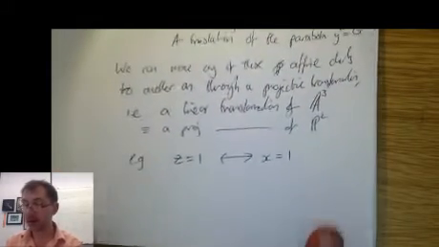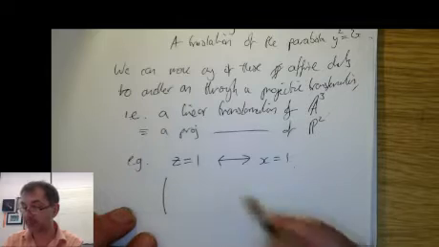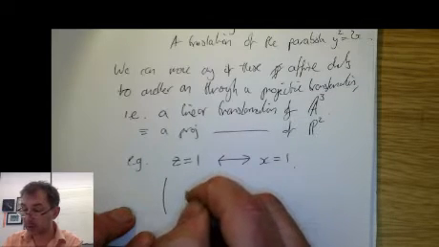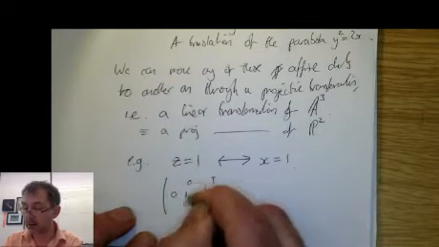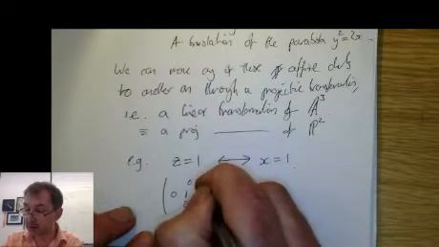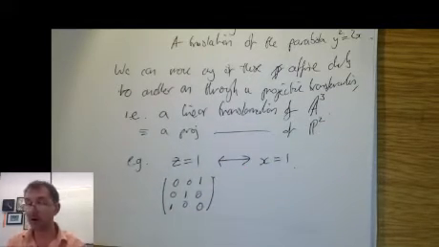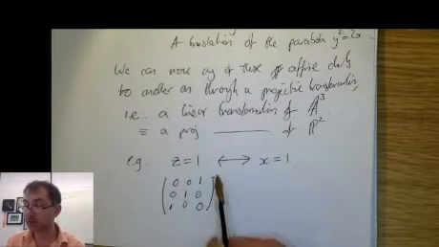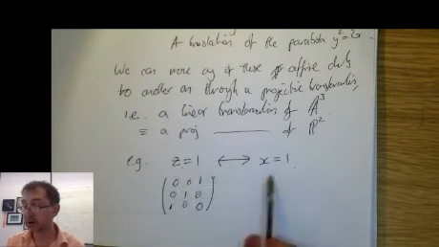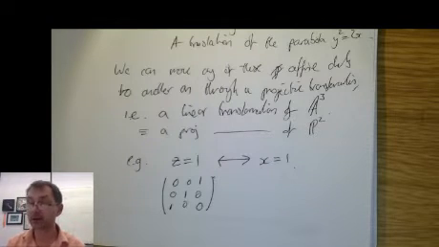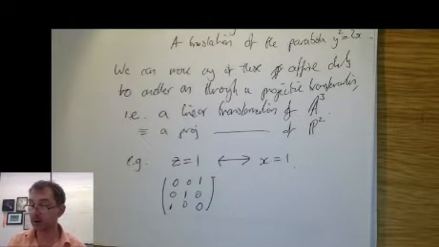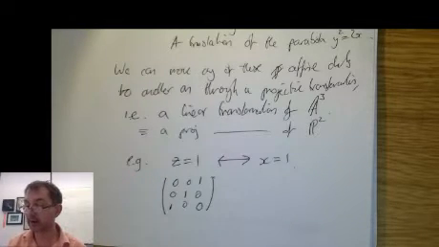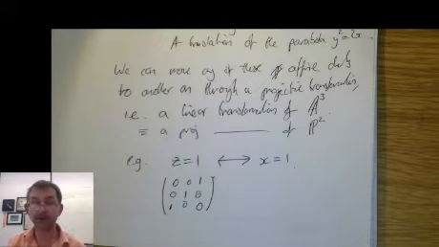then here is a projective transformation that does it. It doesn't really matter what I do to y, so let's just leave y alone. But I want to swap x and z, and I can do it with that matrix. That swaps the coordinates x and z, so it takes one of these planes to another one. And it's not too difficult to see, once you've done that, that you can rotate your plane so that it's pointing in a diagonal direction with the appropriate matrix.